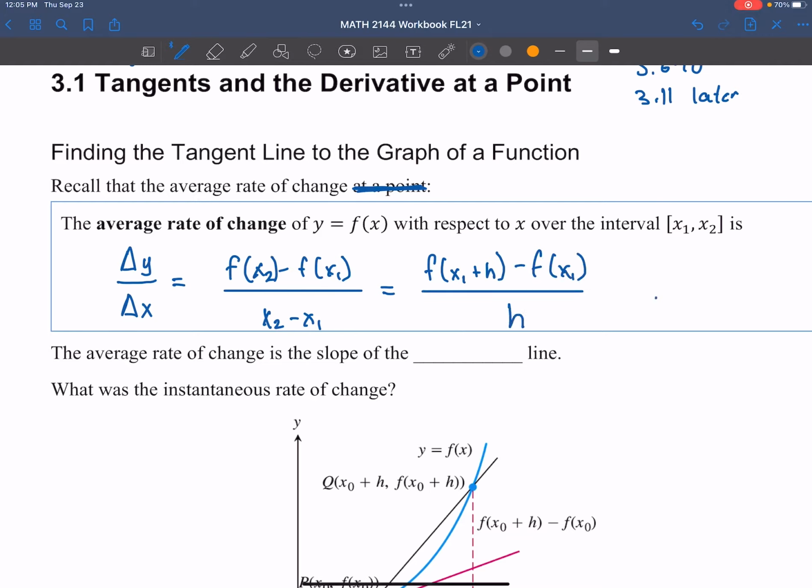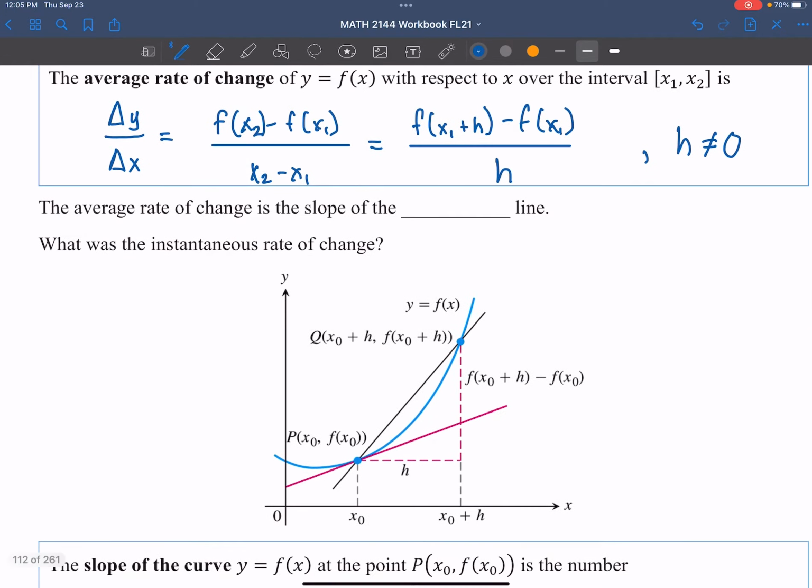Of course, we have the restriction that h cannot be equal to 0, but does anyone remember what h represented? It was simply a distance. So if we look at this picture down here below, we have these symbols denoted in a general example. The average rate of change is the slope of the secant line.